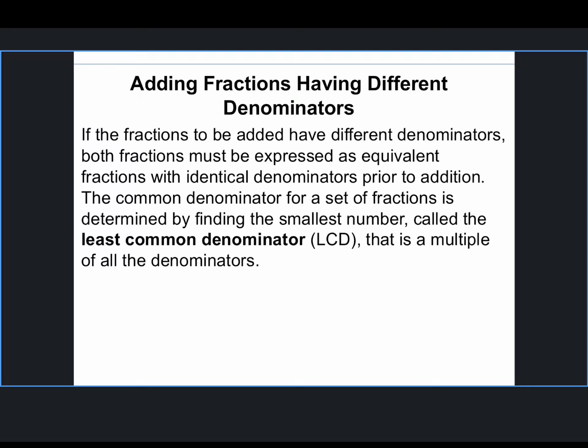Like, what's a multiple of 2? 2, 4, 6, 8, 10. Okay, those are the multiples of 2. What are the multiples of 3? 3, 6, 9, 12, 15. Okay.